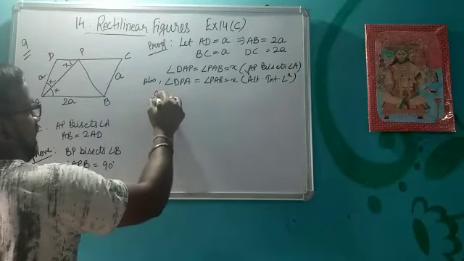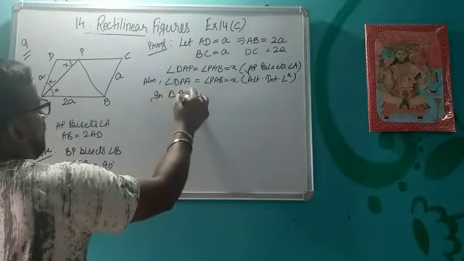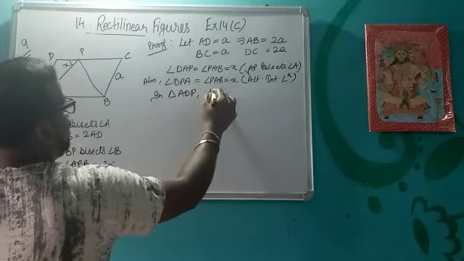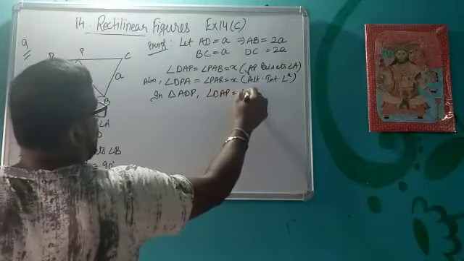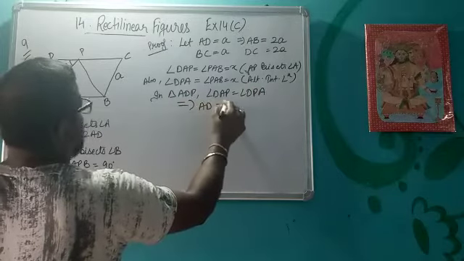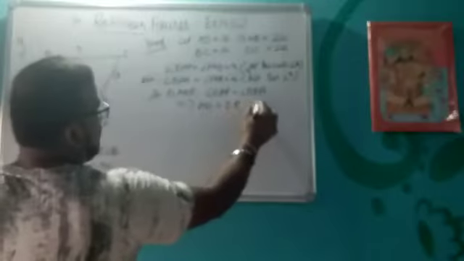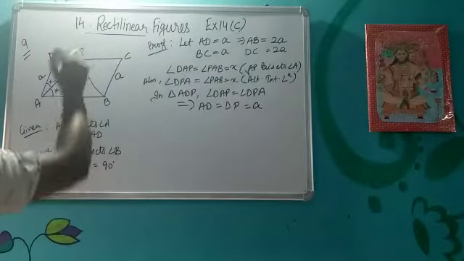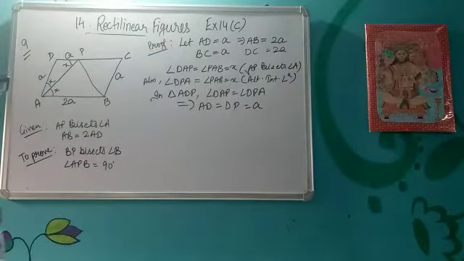So we can say that in triangle ADP, angle DAP is equal to angle DPA. That means AD equal to DP. So DP is also A.